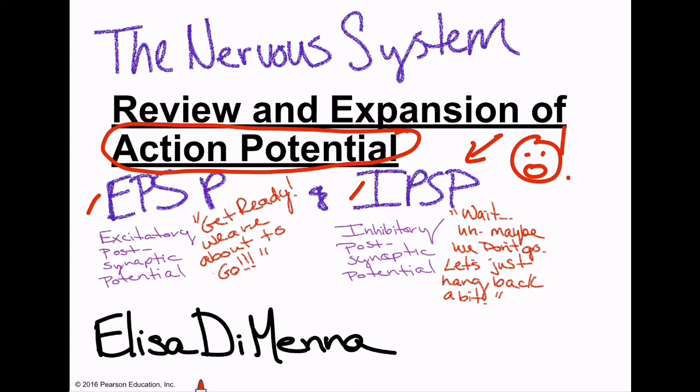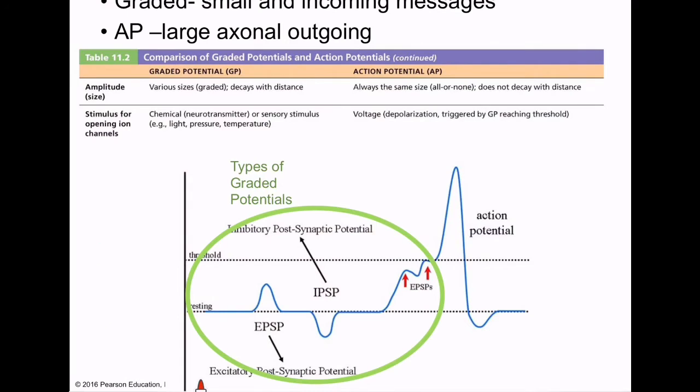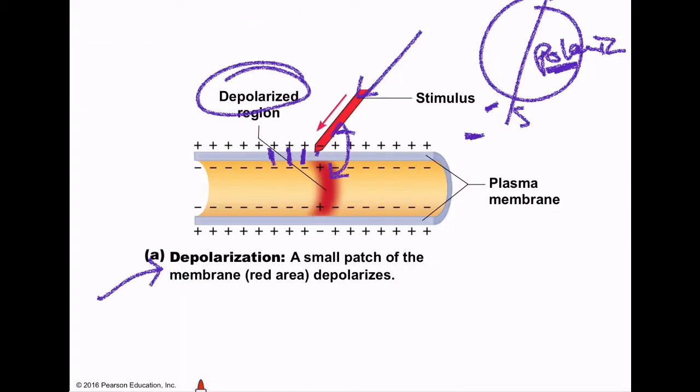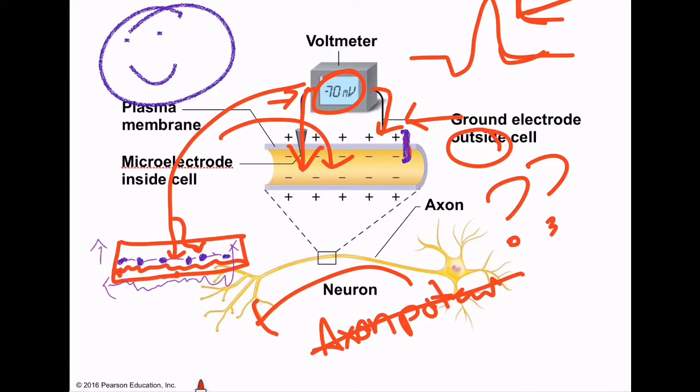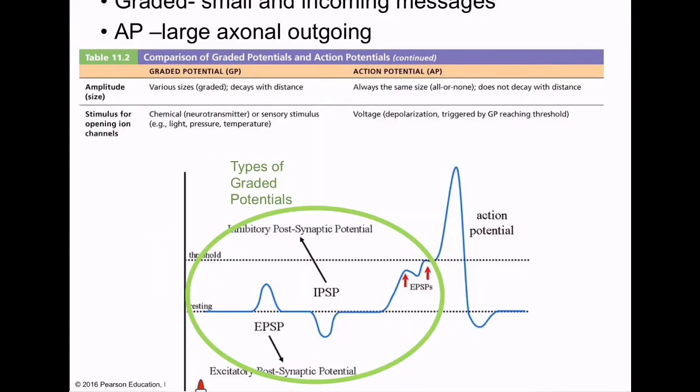So, let's start with what they look like. We've already talked, in some of my previous videos, about an action potential. For example, here's a stimulus, right? This is the voltmeter example that we looked at. An action potential is a way of being more quantitative about it, in terms of the graph. But the other thing we can pull up and visualize on this graph is these teeny tiny little bumps.